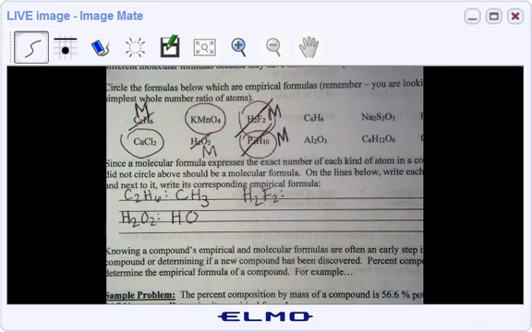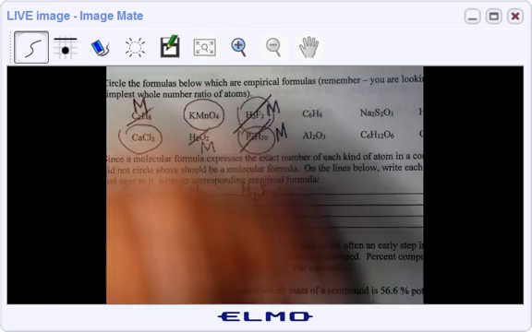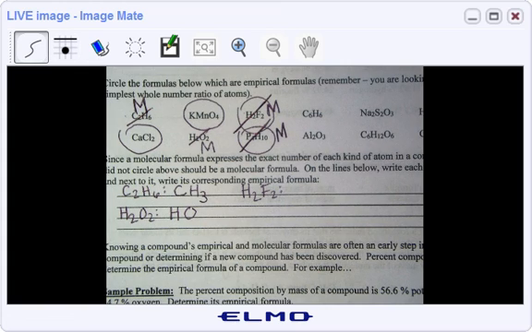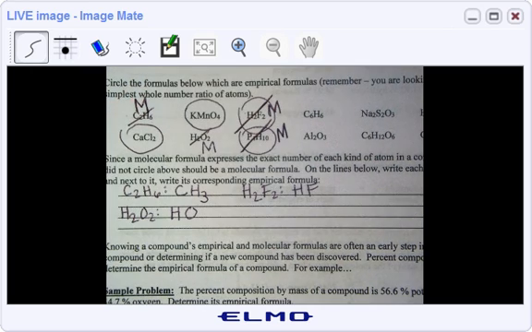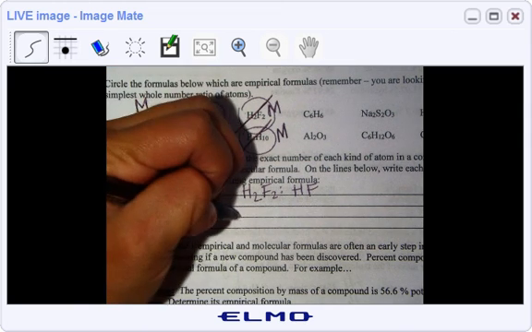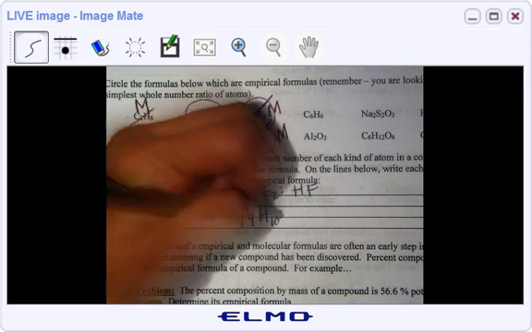Now when we look at the other molecular, H2F2, what is that going to become? That's going to be reduced to HF. So now it's at the empirical formula level. One more example, and the other half are for you, the P4H10.